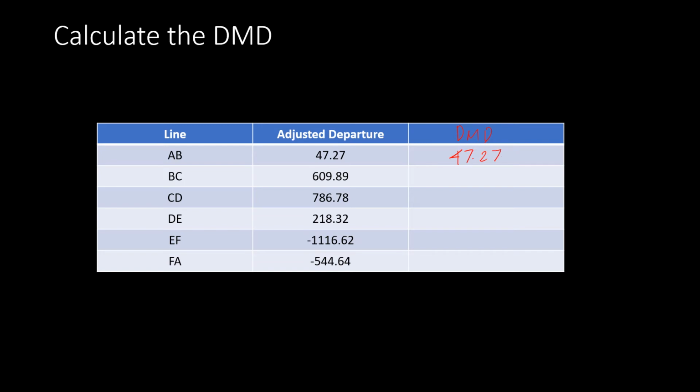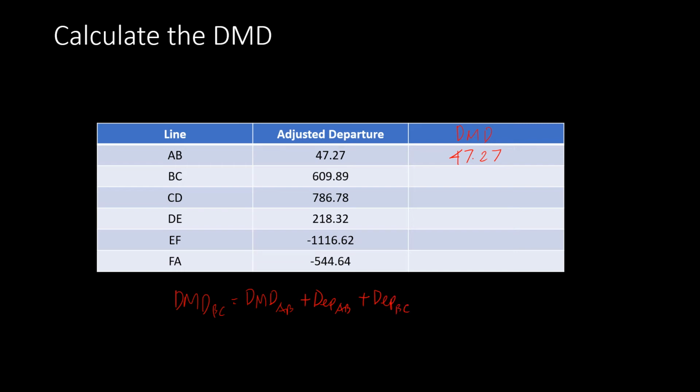Next, for the DMD of line BC, according to our rule, the DMD of any succeeding traverse line or course will be equal to the DMD of the preceding course, which is AB, plus the departure of the preceding course AB, plus the departure of the line itself, which is BC.